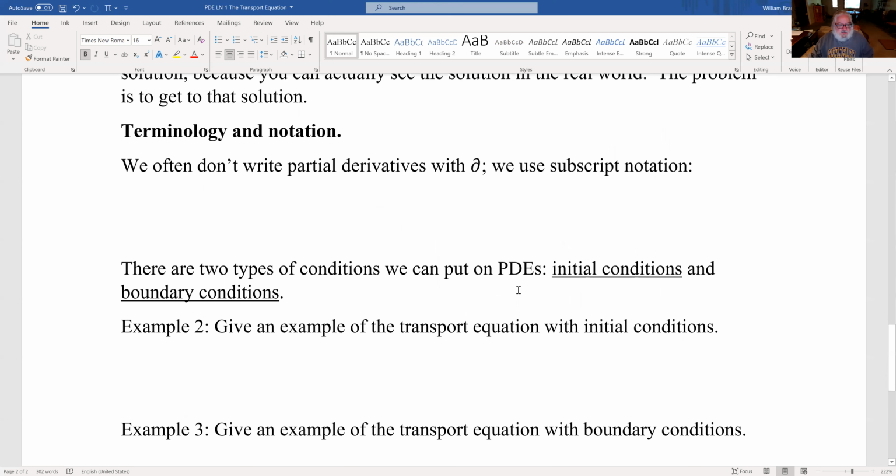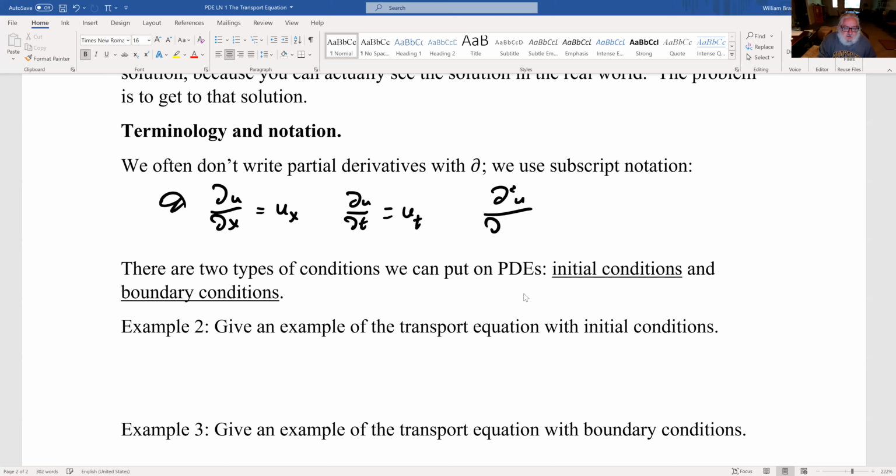So we like to use a lot of PDEs to study things that come from the physical world. So a little bit of terminology and notation. We will use subscript notation for partial derivatives a lot, just because it saves us some time.